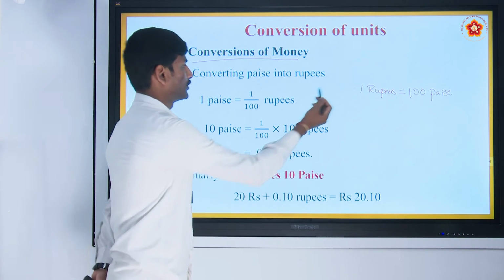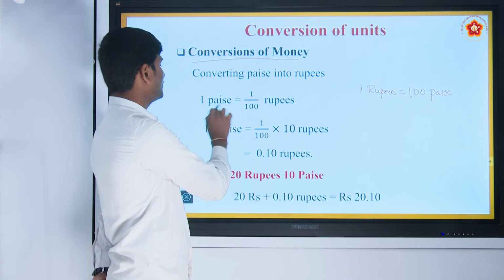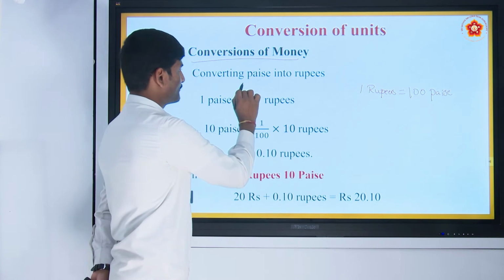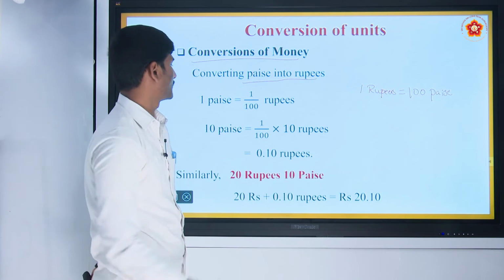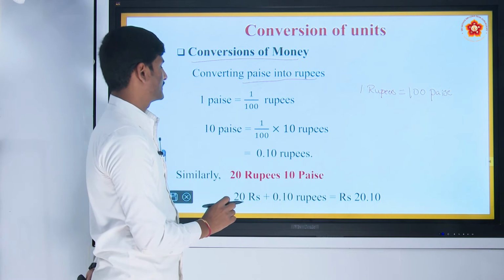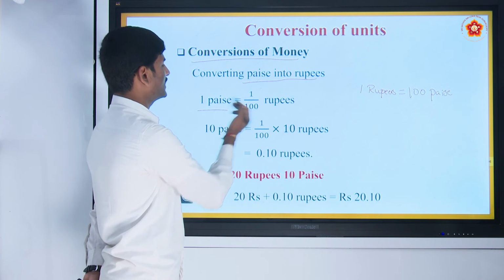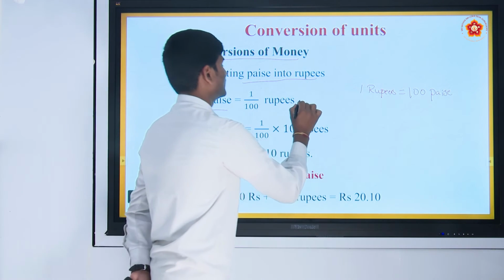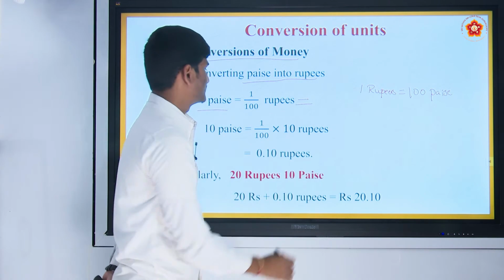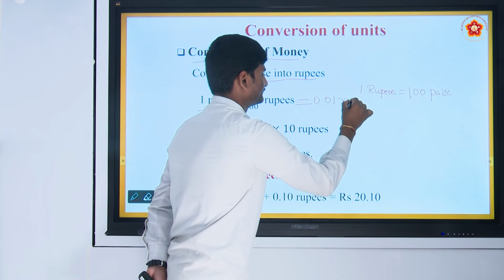Therefore, 1 paise is equal to 1 divided by 100. It is written in decimal form as 0.01 rupees.